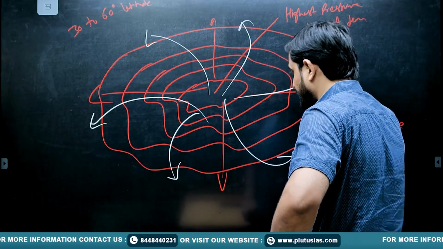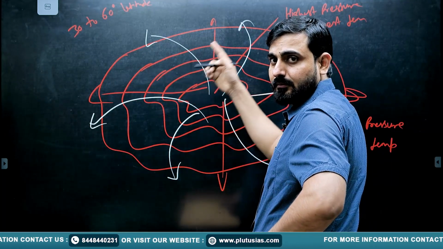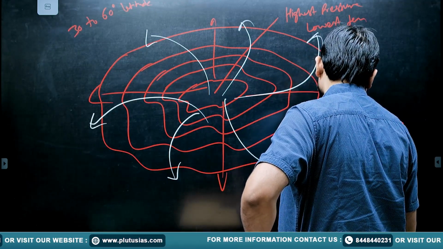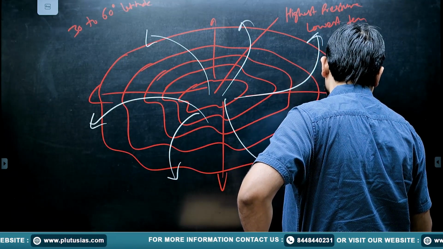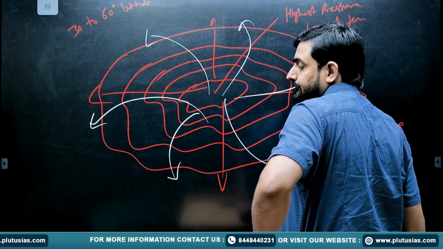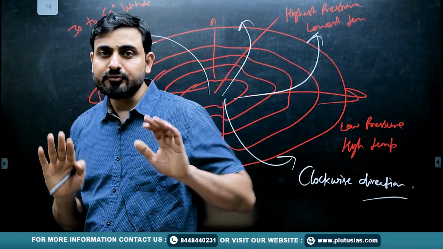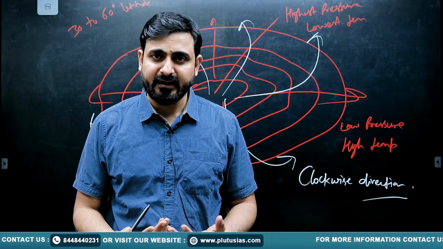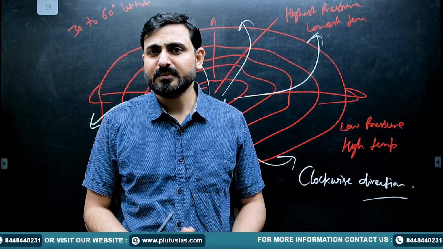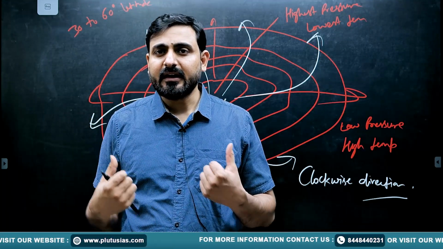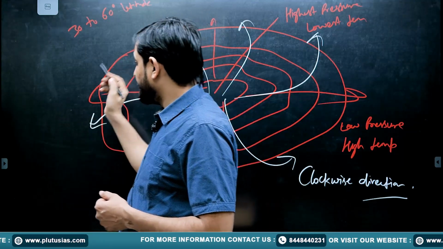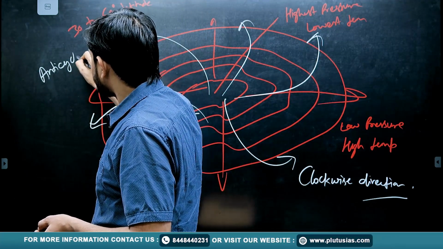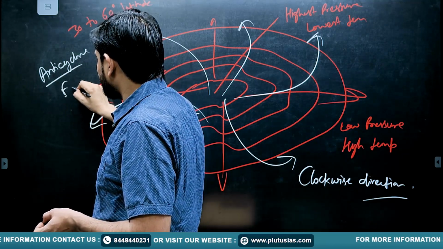So the direction of wind is in clockwise motion. Generally such a cyclone starts to develop when two air masses having different characteristics start to meet. These are also known as anticyclones or extratropical cyclones.